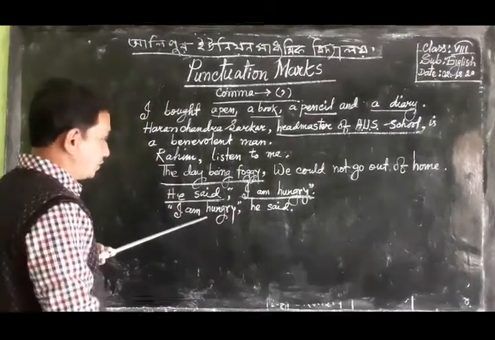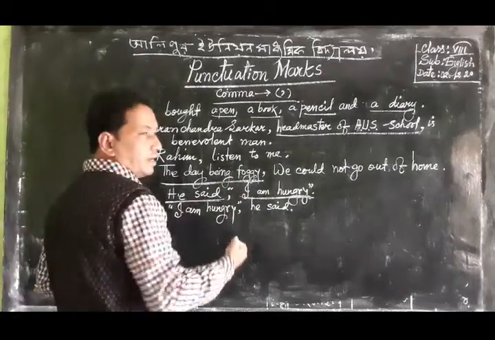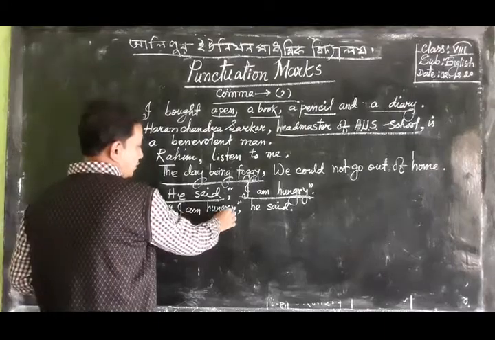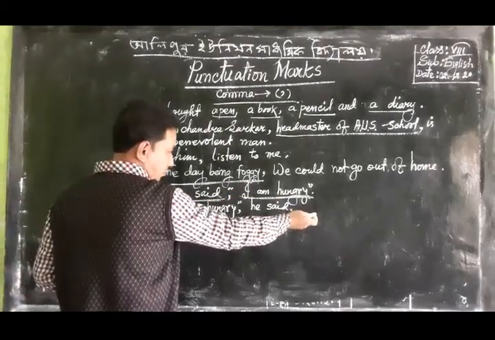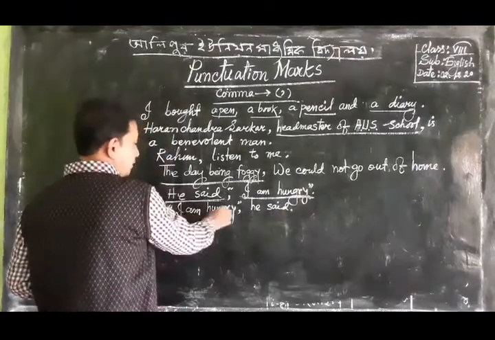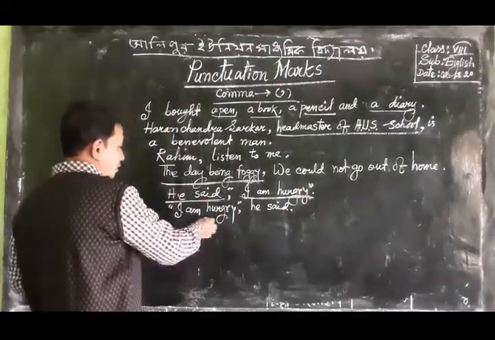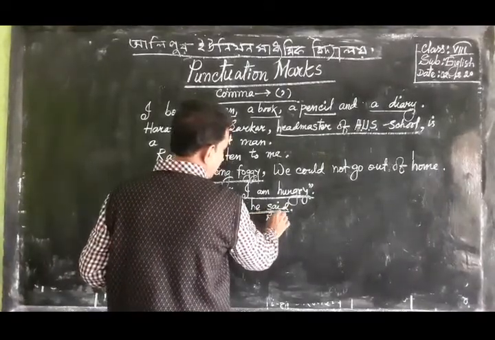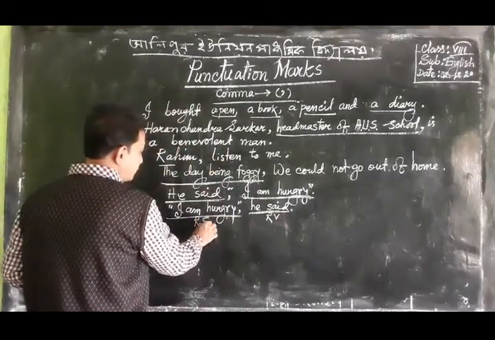And the next sentence or the second sentence, the same sentence but I have written in another way. I am hungry was at the last point of the sentence, but I am hungry in the first point of sentence, and after I am hungry I have written he said. He said reporting verb, and I am hungry reported speech.